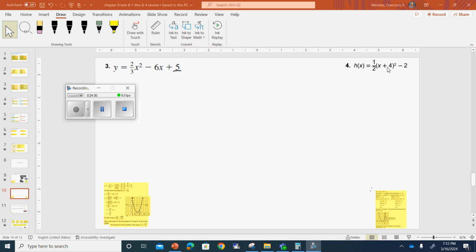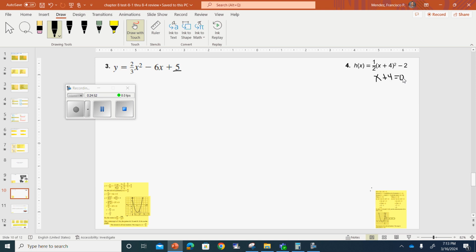Remember, when the number is added or subtracted inside of the parentheses, we know that it's going to move forward to the left, because it's the opposite. Remember, this is going to end up being x plus 4 equals 0.